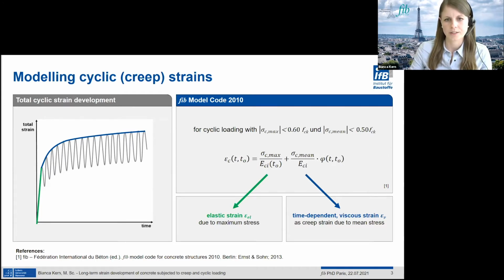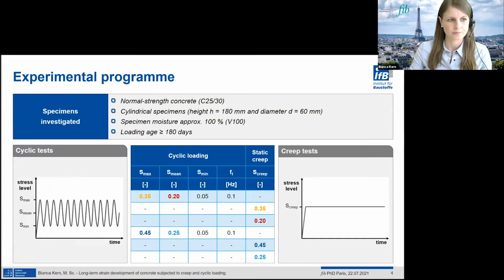In other words, it is assumed that in comparison to creep at mean stress, in addition to the higher elastic deformations, no further deformations occur as a result of the cyclic loading.